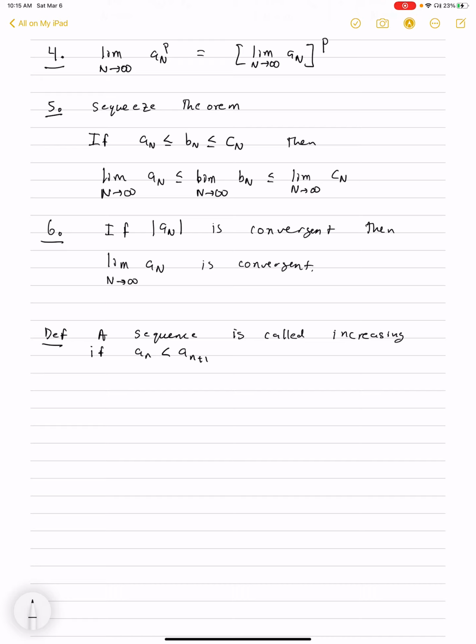And this obeys the property for every single input n, so I'm just going to say for all n. Increasing means A1 would be bigger than A2, would be bigger than A3, and the trend continues all the way to A sub n, and even beyond. So for example, A sub n plus 1 would be bigger than A sub n.